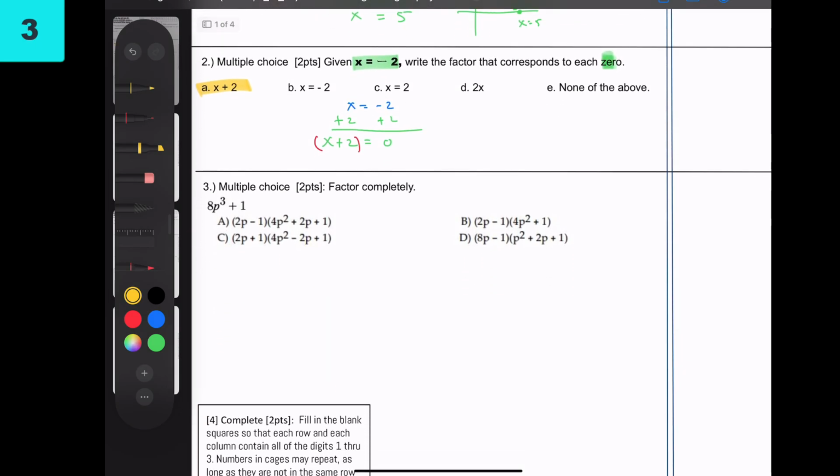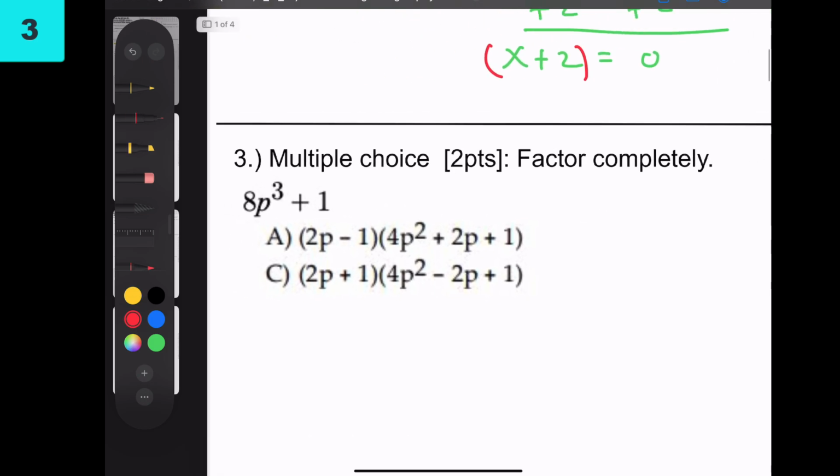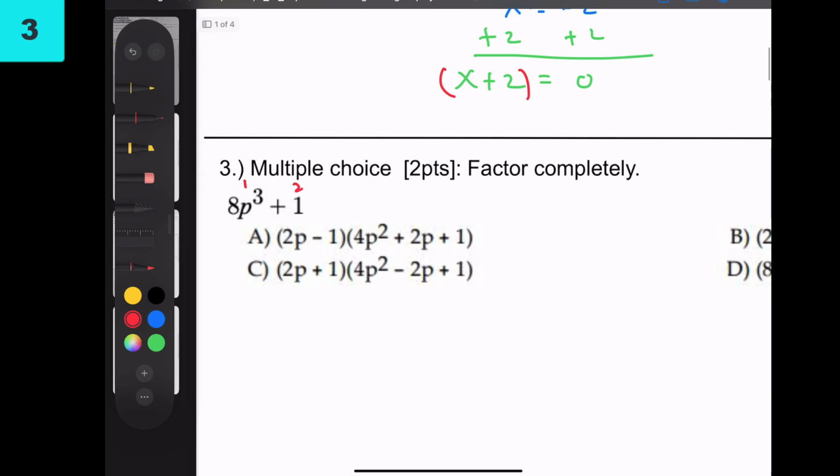Number 3 here says factor completely. Now you have two terms. So if you look at your chart, it tells you that you can use the difference of squares, or you can use the sum and difference of cubes.